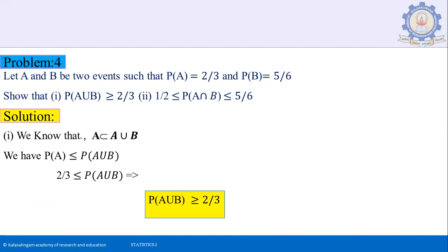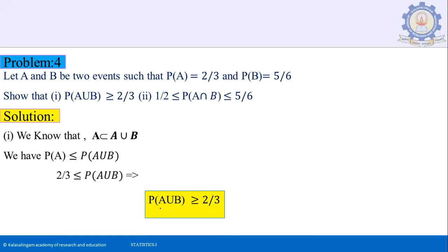We know that A is a subset of A union B. Therefore, probability of A is less than or equal to probability of A union B. So probability of A is given as 2 by 3. So 2 by 3 is less than or equal to probability of A union B. So we get the required result: probability of A union B is greater than or equal to 2 by 3.